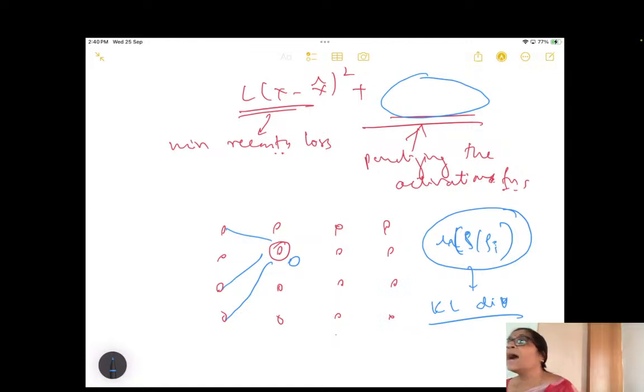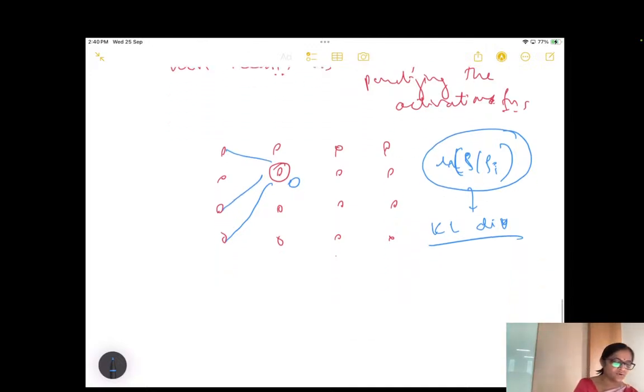So how many activations do I want to make 0? If I don't give that, it is very difficult to define that loss. Rho is typically called the sparsity coefficient.